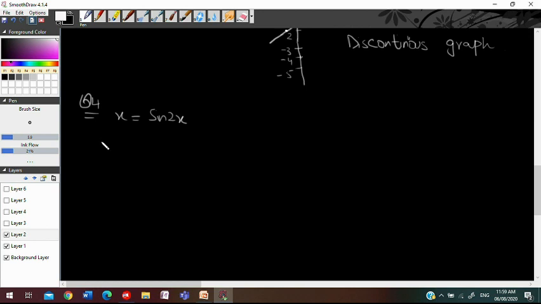Let's say y is equal to x, and y is sine of 2x. x must lie between minus pi to pi. This is the domain of this function.